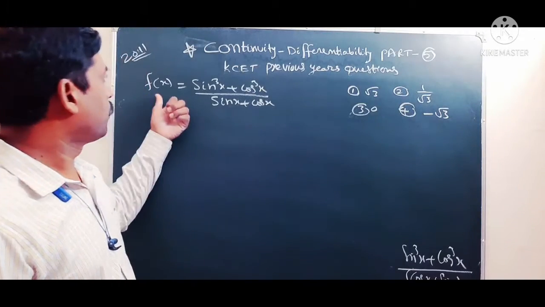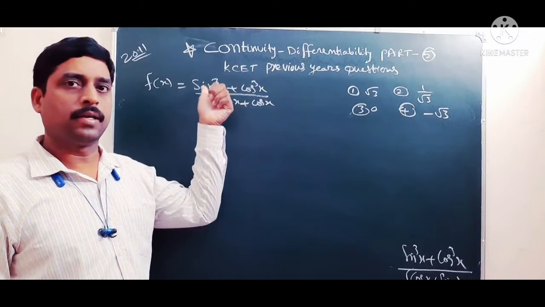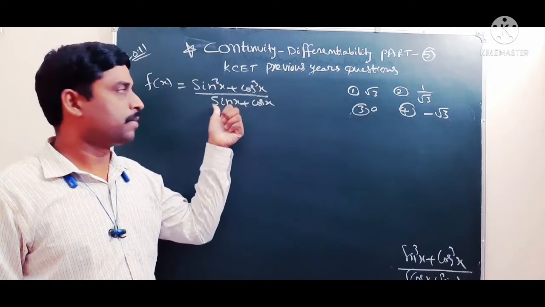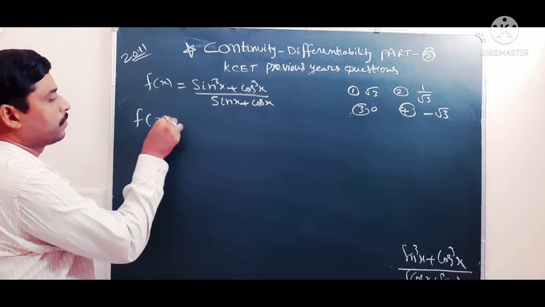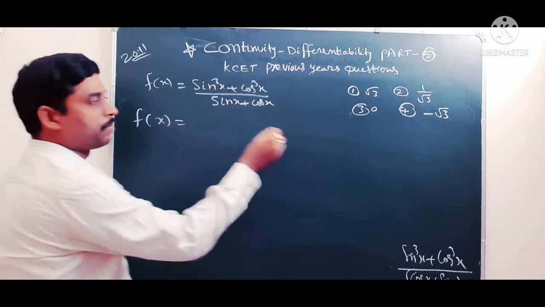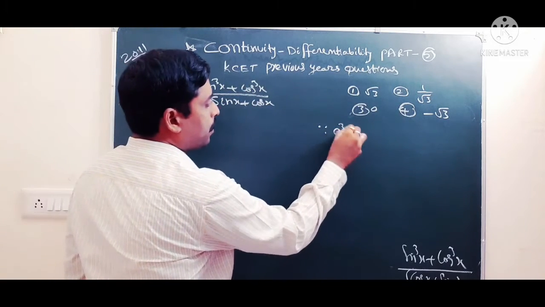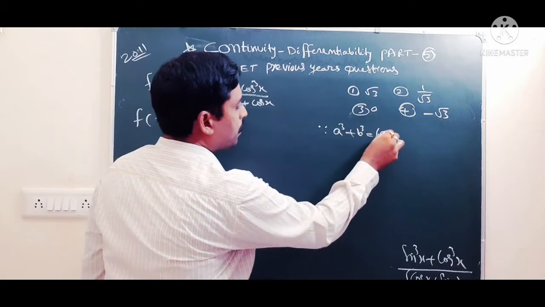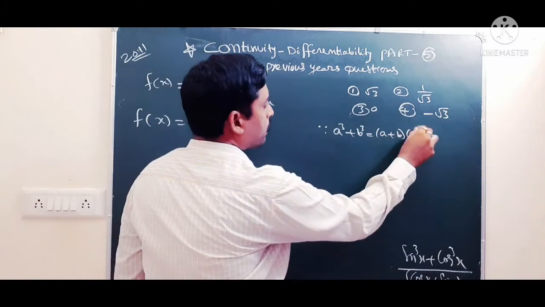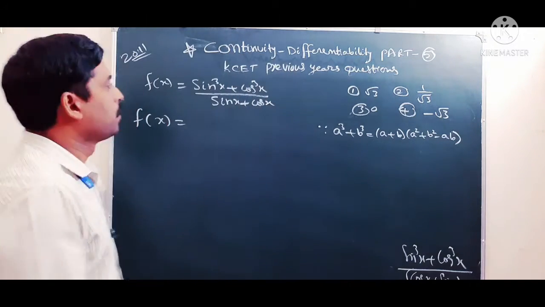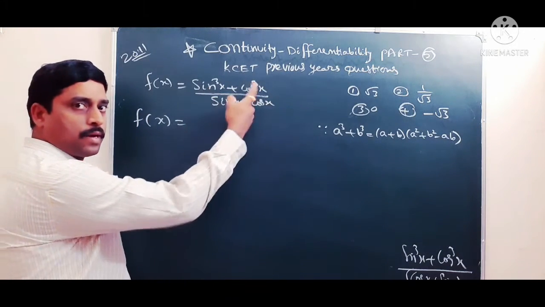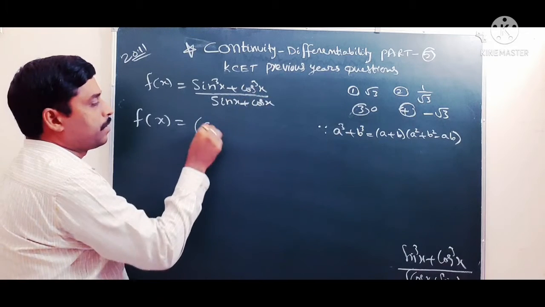Okay, f of x value, we got it: sin cube x plus cos cube x by sin x plus cos x. So by using a cube plus b cube, we have a cube plus b cube equal to a plus b into a square plus b square minus ab, where a and b values are sin x and cos x.